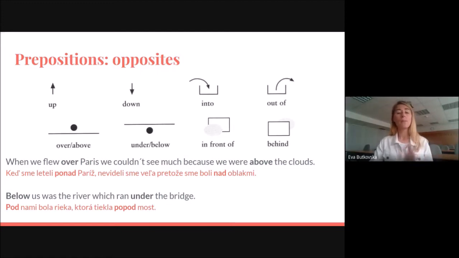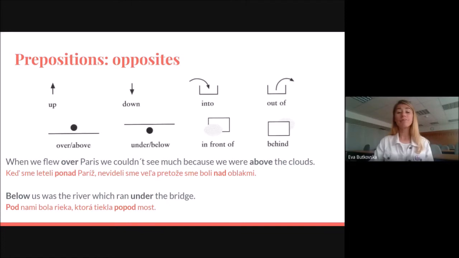So over and above. And the same goes for the prepositions under and below. So under or below, you can switch them as well. So let's look at the example. Below us was the river, which ran under the bridge.